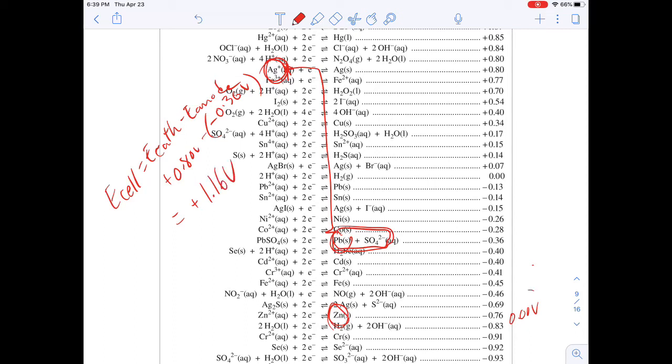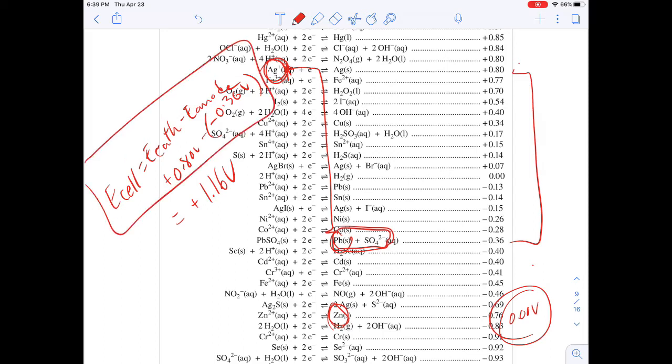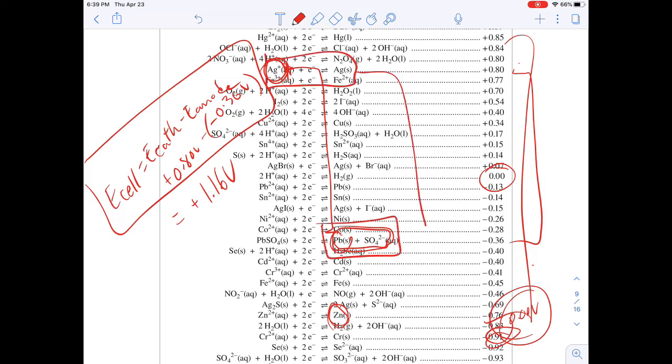And so this is my new reference cell, but who cares? The cell potential for this whole cell doesn't matter where the reference cell is. Just do the regular calculation, and they just changed where 0 is on the number line, right? This number line, the 0 was here, they changed the 0 to here, but the difference between this and this is the same distance, same amount.